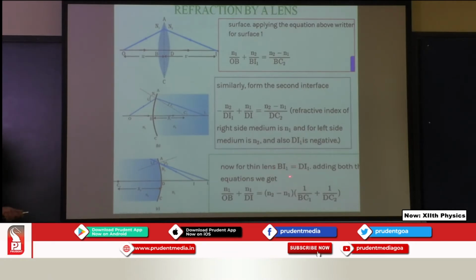So, if I have this approximation, let us add the previous two equations and you can see that I can cancel out few things, correct? Yes or no? And what remains is N1 upon OB and N1 upon DI. This can be taken as common and this is what is the ultimate final after adding both the equations.